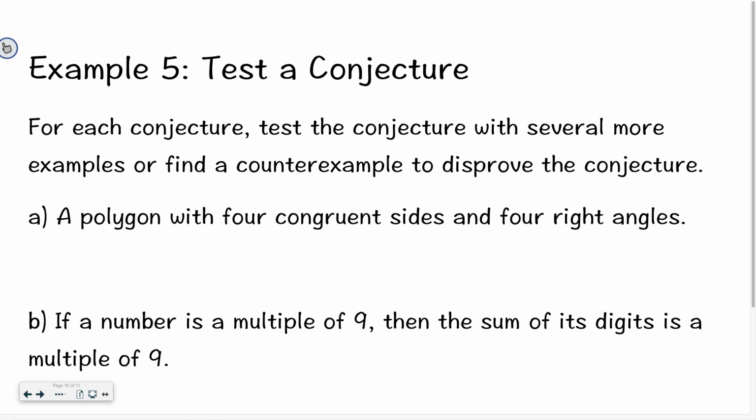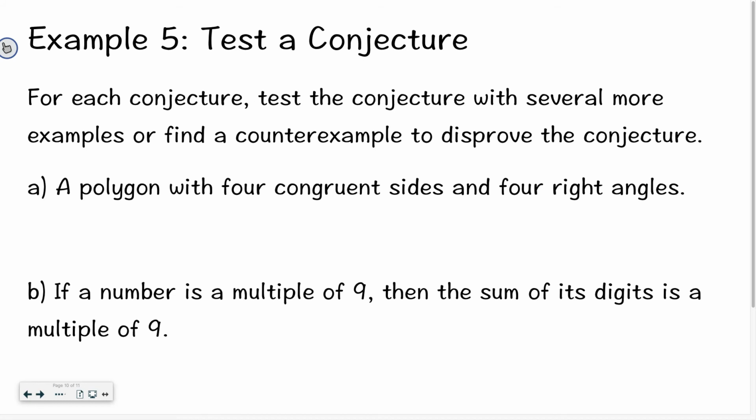All right, example 5, testing a conjecture. For each conjecture, test the conjecture with several more examples or find a counterexample to disprove the conjecture. Letter A: a polygon with 4 congruent sides and 4 right angles. So we have a polygon, and it has 4 congruent sides, and it also has 4 right angles.